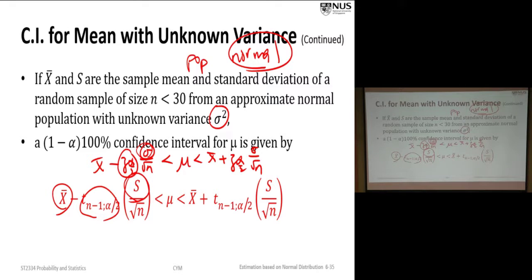We don't need to estimate it, so we have eliminated one source of uncertainty. The variation comes only from x bar, so it's less varied. So the width of the first interval, with sigma known, should be shorter, and this one should be bigger. And it's mainly due to the difference between these two numbers.